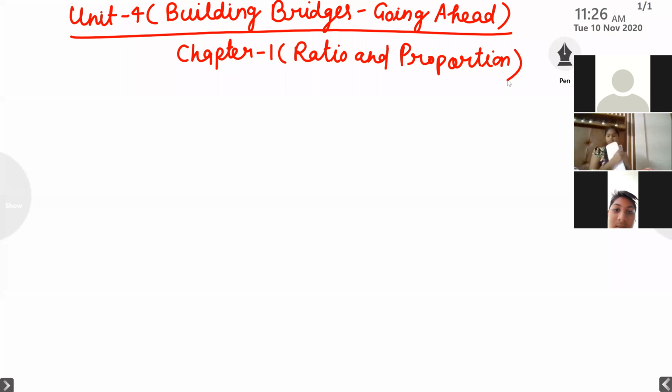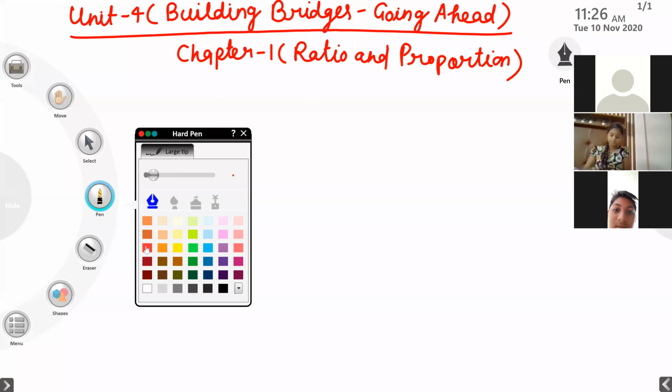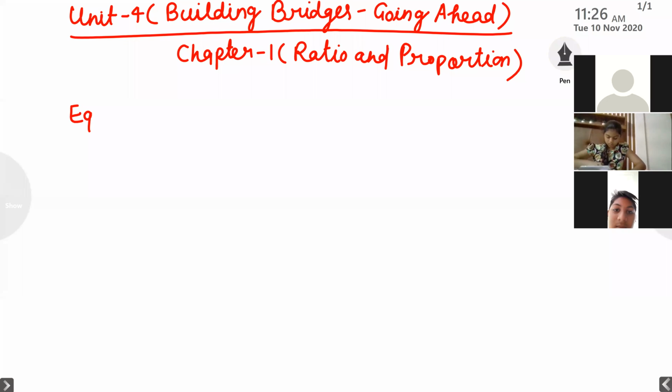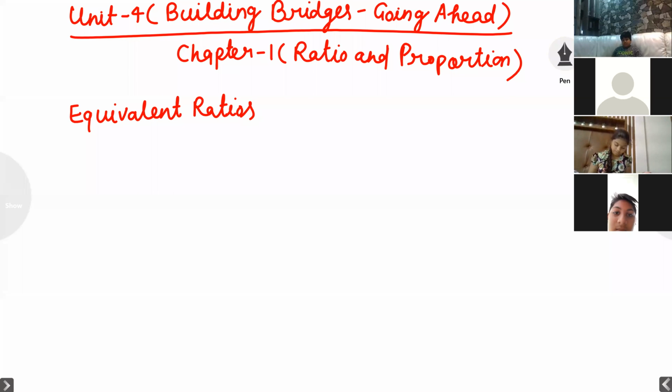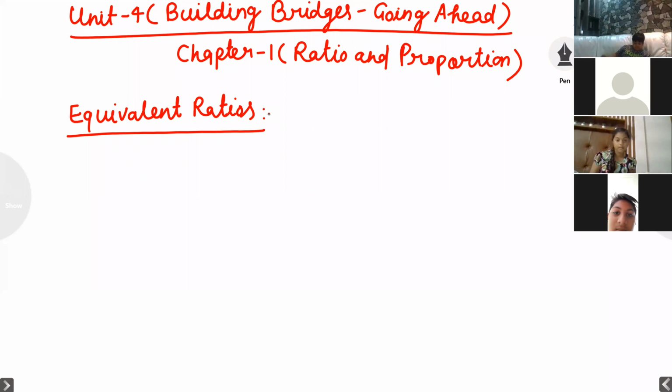Left side keep heading, equivalent ratios.